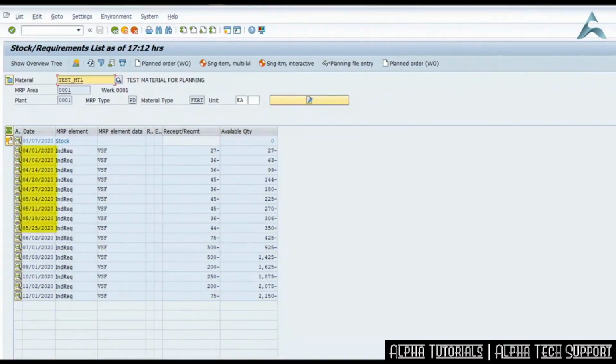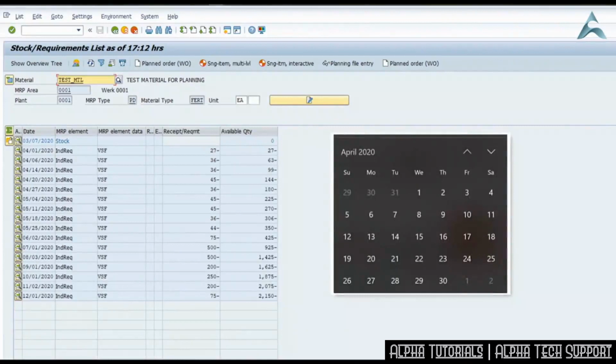And for the first 2 months that we split into weekly buckets, you will notice that they have weekly dates on them. The first day of each weekly period in standard SAP is always a Monday, unless the Monday is configured as a holiday for your organization. April 1st is an exception because it is a Wednesday. However, we loaded the forecast in April 2020, and April 1st is the first day of that monthly period that we started with. And then from there, going forward, it lands on the Monday of every single week.